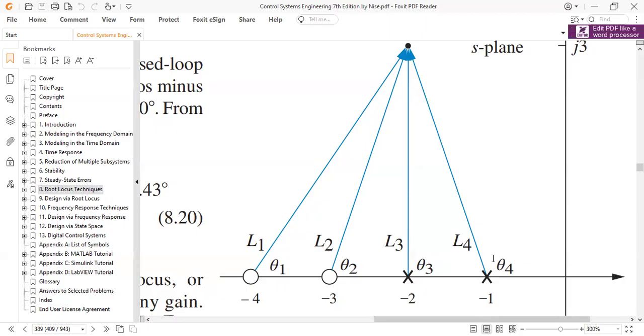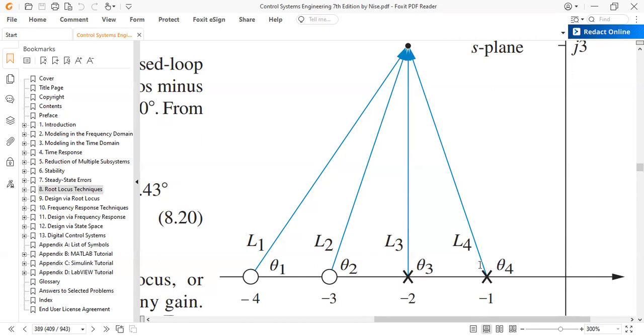Sir, we don't have to find theta 4 that way. The angle we get here for L4 will basically be the internal angle, and for that internal angle we apply the same tangent formula: theta 4 complement would be equal to 3, this is perpendicular 3, divided by 1. So the theta that we'll find here is the internal angle of this right angle triangle, and in order to find theta 4, we will subtract that internal angle from 180 degrees.